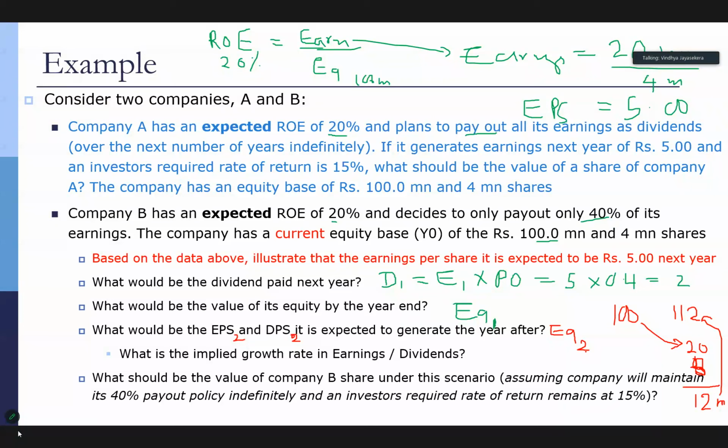What it's saying is do it by basic principles. Don't use ROE to calculate, that's not the intention of this. Sorry about that. Don't use G. You're supposed to do it from first principles. We're trying to show you how ROE into B comes.